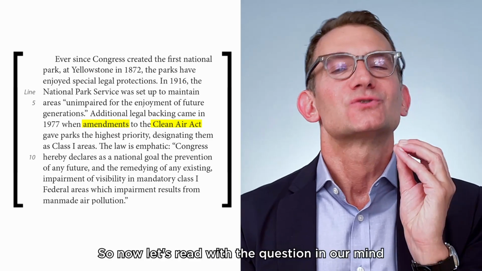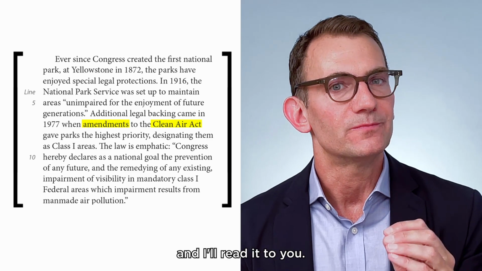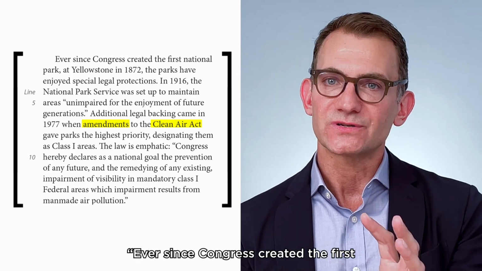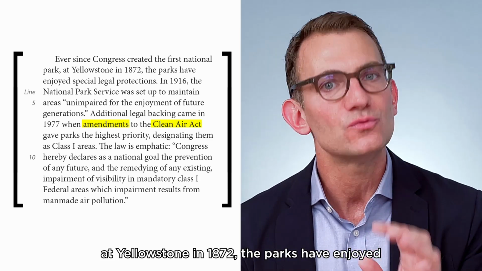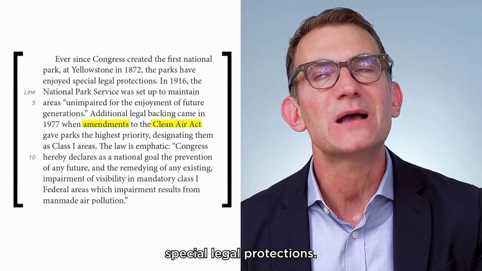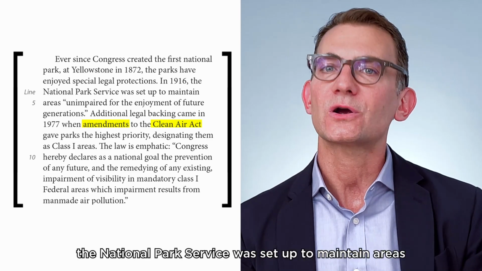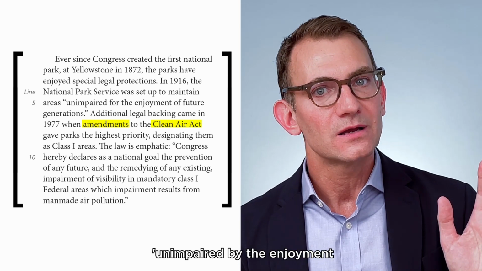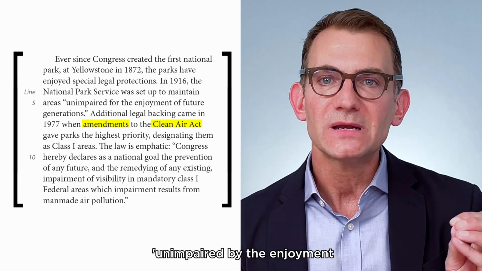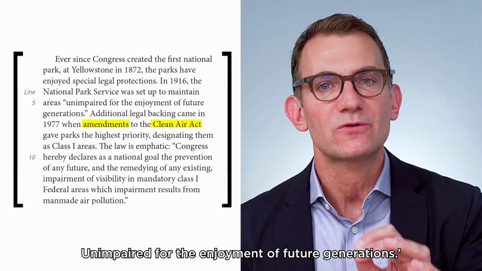Okay, so now let's read with the question in our mind, and I'll read it to you. "Ever since Congress created the first national park at Yellowstone in 1872, the parks have enjoyed special legal protections. In 1916, the National Park Service was set up to maintain areas unimpaired for the enjoyment of future generations.